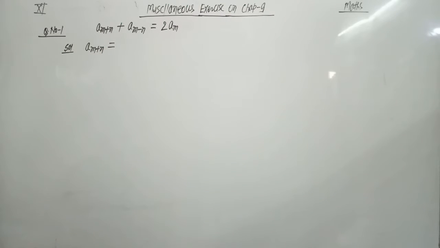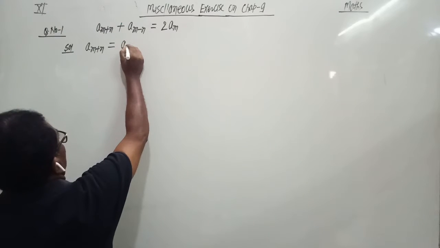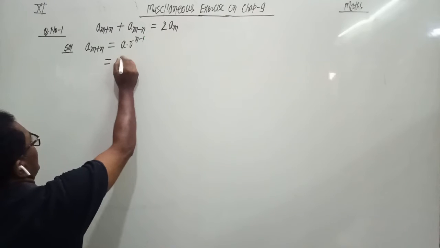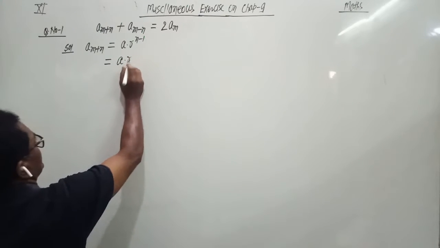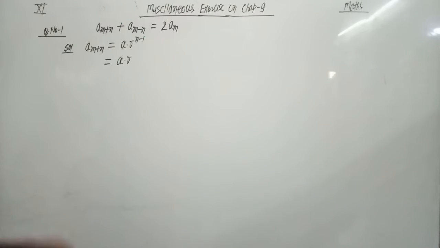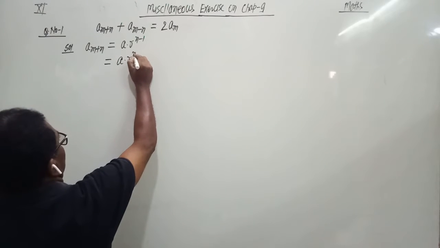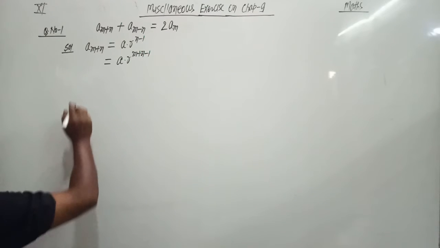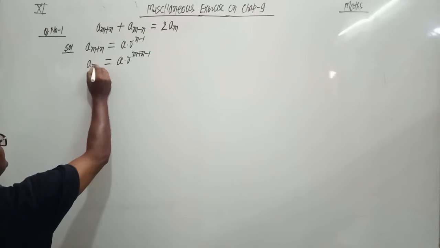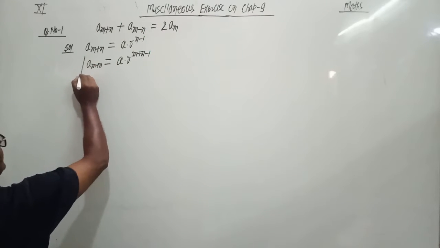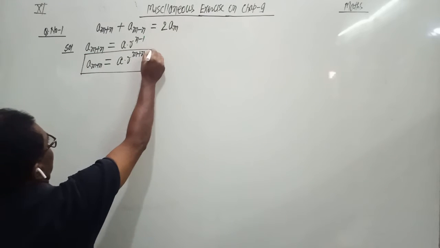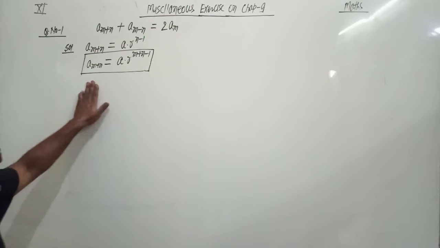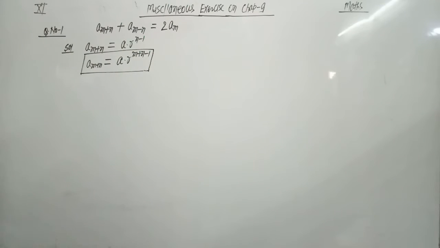and the formula used is a into r raised to the power n minus 1. So the first term is a, common ratio is r, and total number of terms is m plus n. So m plus n minus 1. This is the value of the m plus nth term, a m plus n, a into r raised to the power m plus n minus 1.